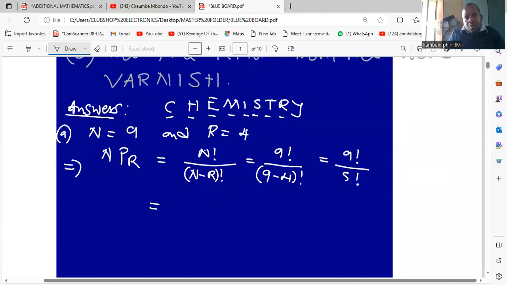Here we'll break down the 9 factorial up to the 5 factorial. So it will be 9 by 8 by 7 by 6 by 5 factorial, because the denominator has 5 factorial.